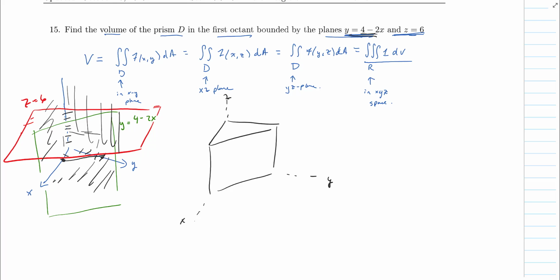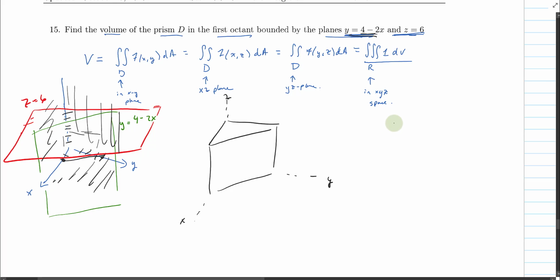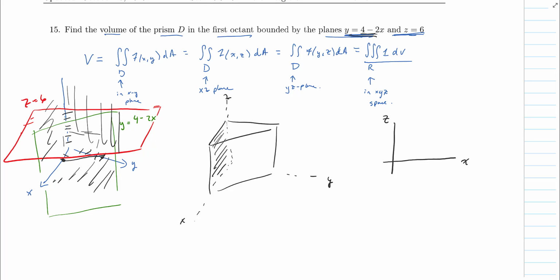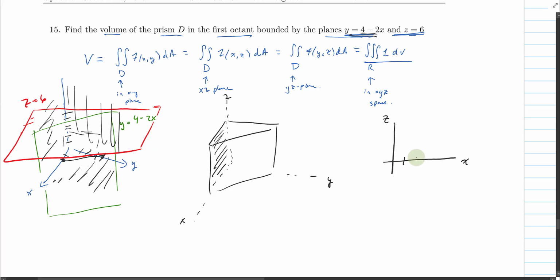So I'd like to sketch what this looks like in the xz plane. I'm looking at this plane right here, and we pick x coordinates and z coordinates. The x coordinates need to run between 0 and 2, so there's x equals 0, there's x equals 2, and the z coordinates run up to 6.